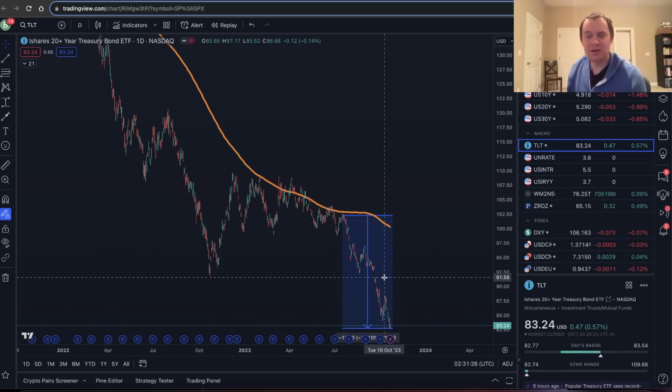So we went into a period where both stocks and bonds went down. But some people went into this phase suggesting that bonds would offer a hedge against the stock market if the stock market were to fall. But as we said back then, I did not think that the market was pricing in higher for longer.